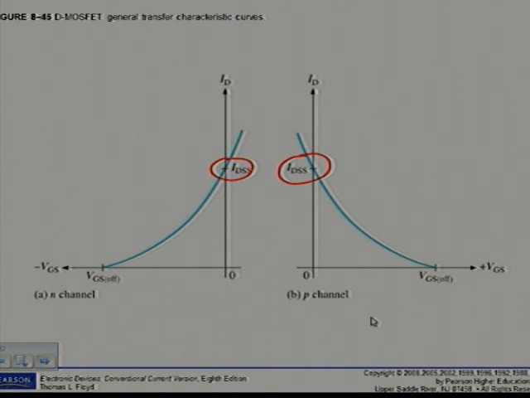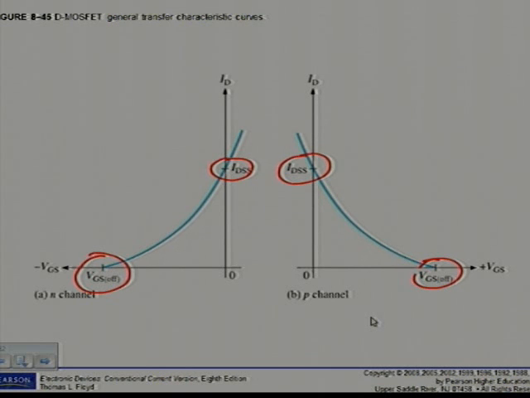And the point where ID is equal to 0 corresponds to VGS off in both cases. As with the JFET, VGS off is also equal to, in opposite polarity, VP, the pinch-off voltage. So the square law expression that we've seen in equation 8.1, where ID is equal to IDSS in brackets 1 minus VGS over VGS off, squared, also applies for the D-MOSFET.